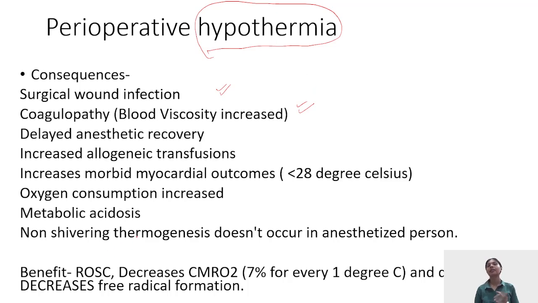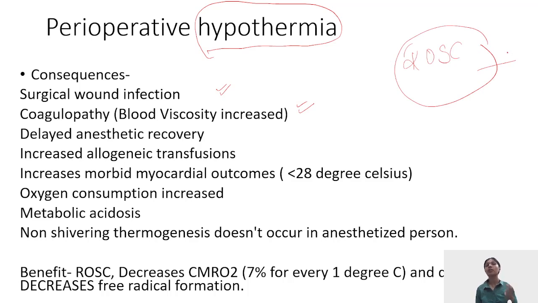But can hypothermia be useful? The answer is yes. Now, which are the places where hypothermia can be useful? The two most important areas where hypothermia is useful is return of spontaneous circulation, that is after cardiac arrest.